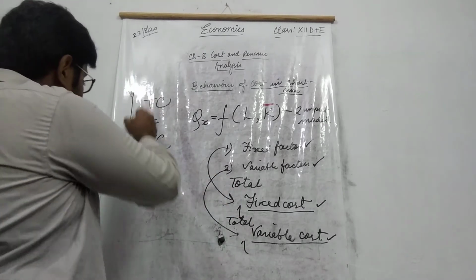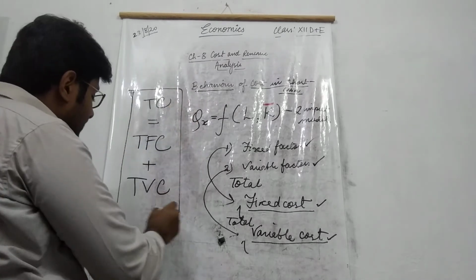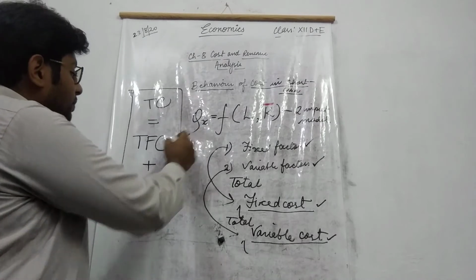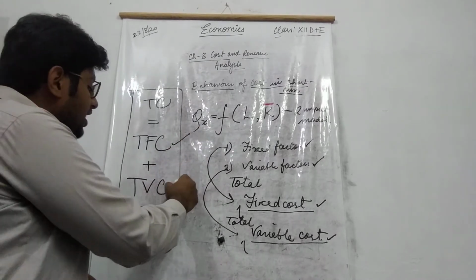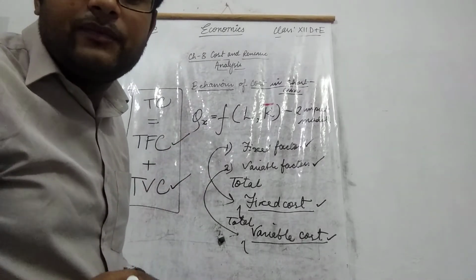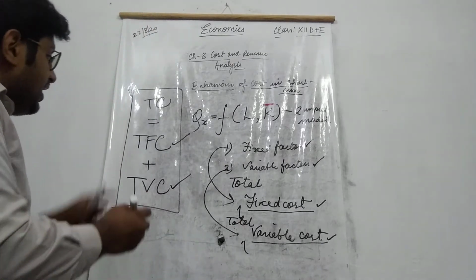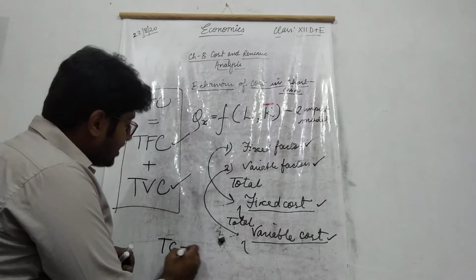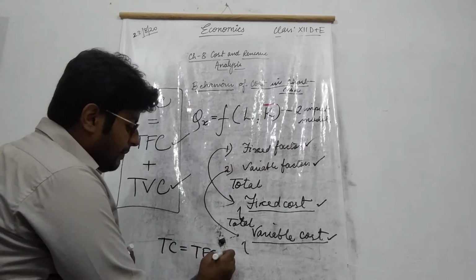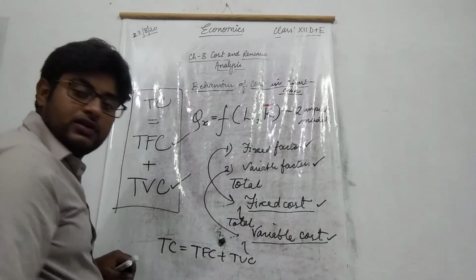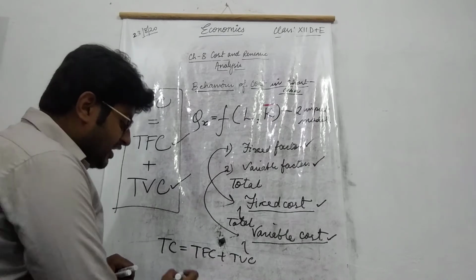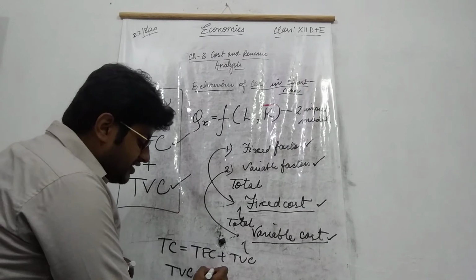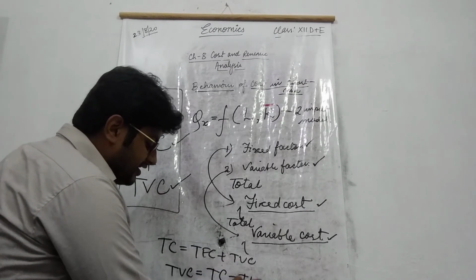Thus, in the short run, your total cost, whatever the expenditure the firm is incurring, is divided into two parts: total fixed cost and total variable cost. Alright, so total cost is equal to TFC plus TVC. So if I have to find TVC, then what will I do? I will do TC minus TFC.